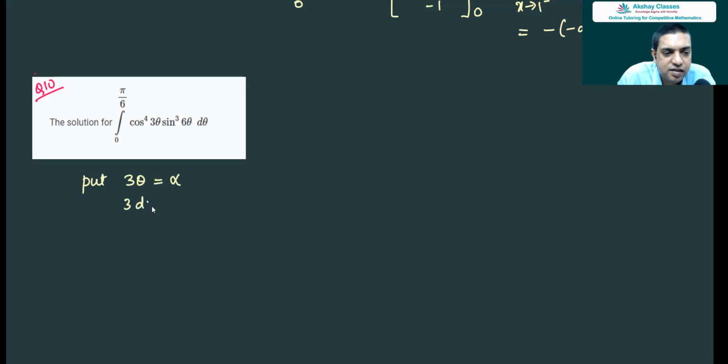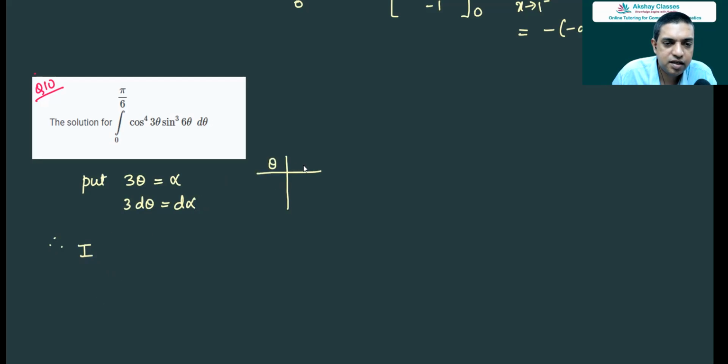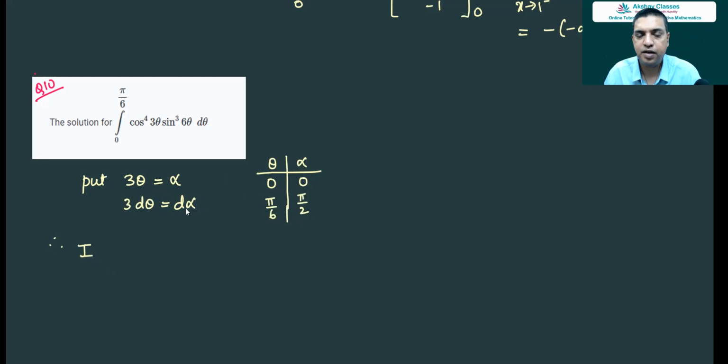So 3 d theta is d alpha. Let's see theta and alpha limits. When theta is 0, alpha is also 0. And when theta is pi by 6, alpha, which is 3 theta, will be pi upon 2.